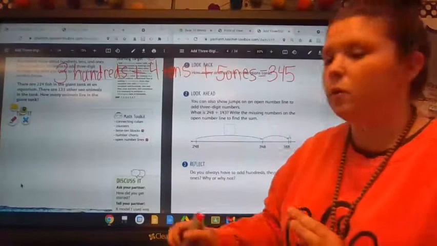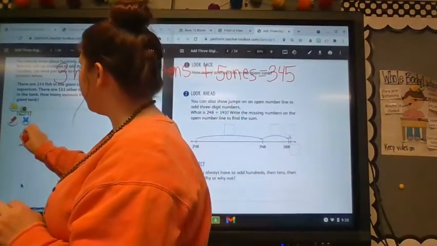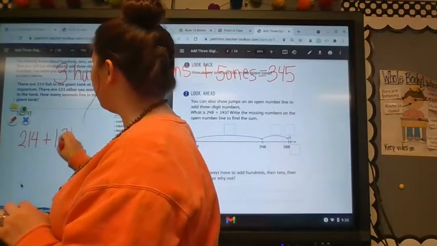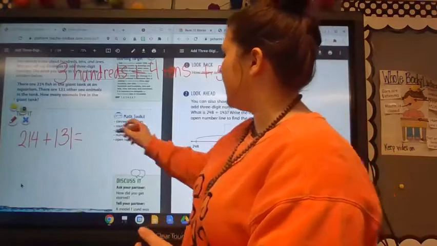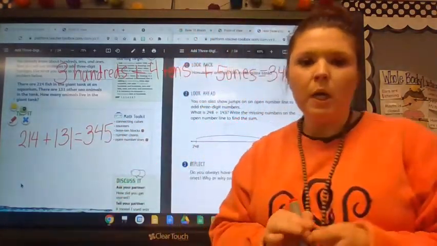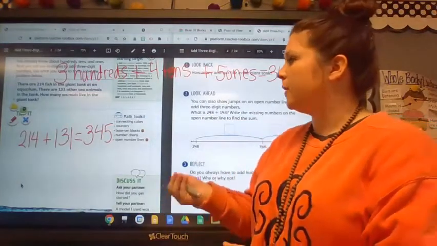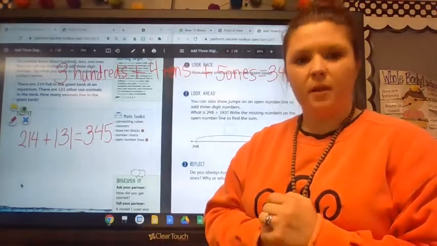All right, so we had 214 plus 131. We wanted to know how many animals live in the giant tank. 345. Is this equation true? 214 plus 131 equals 345. Is that true? Yes, that is true.